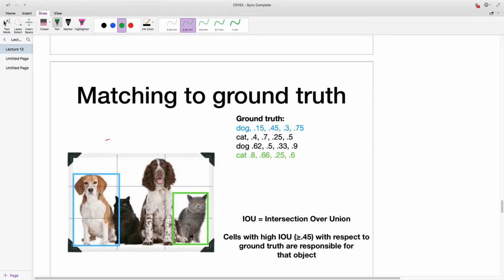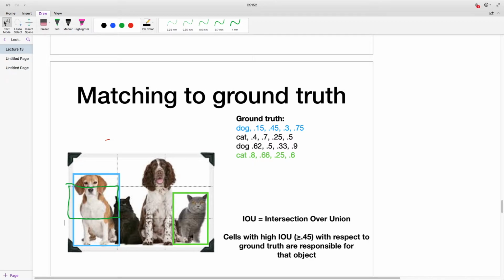But right now, let's say we're looking at this cell, and we want to know what object, if any, it overlaps with. We can see it doesn't overlap with the green cat. I'm ignoring these two right now, just focusing on the leftmost cat and the rightmost dog.